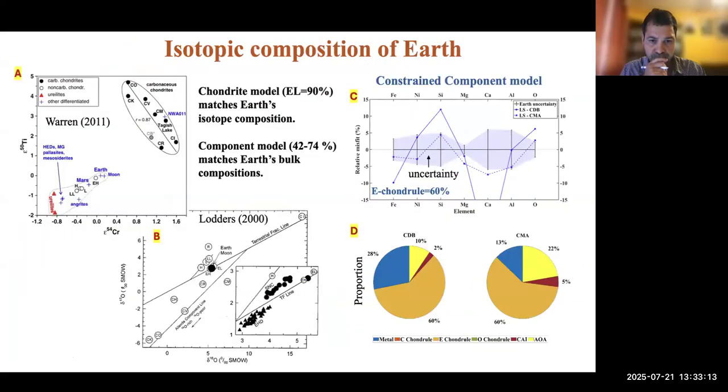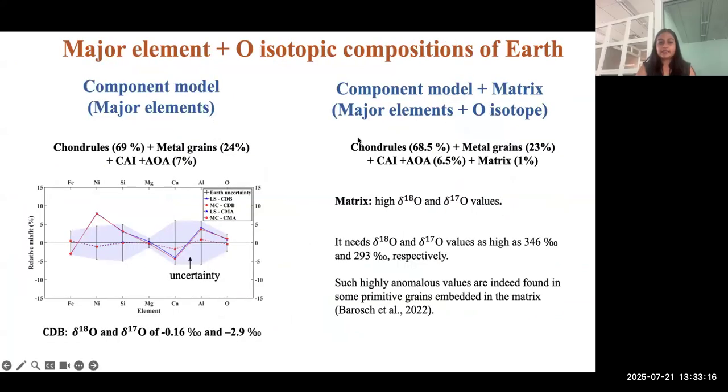And then here I say, okay, let's add matrix composition and see what my inversion result finds. And my inversion finds that I need like 1 weight % matrix. So it's no different than the original model, if I go back to the argument of preferential capture of bigger chondritic components, okay? So adding matrix doesn't fix the problem unless it has anomalously high oxygen 18 and 17 values.